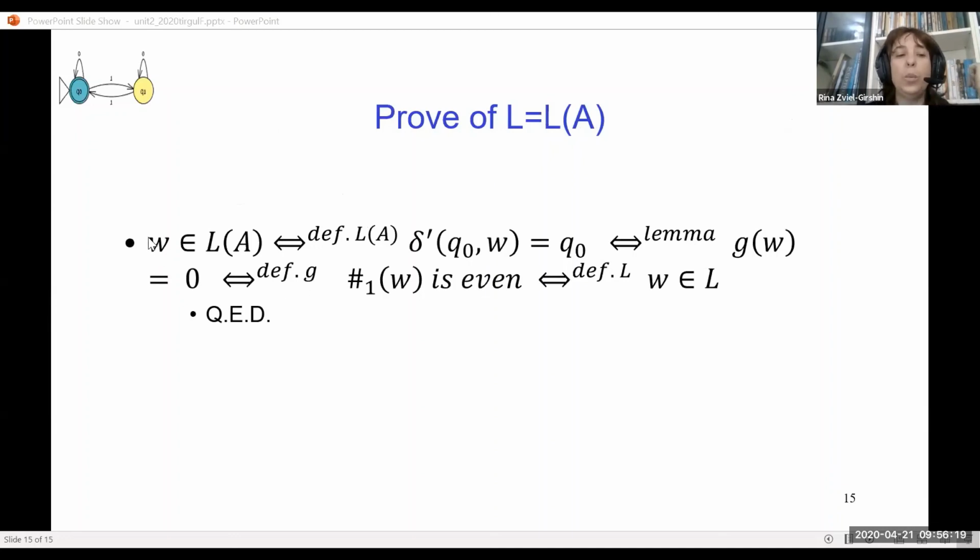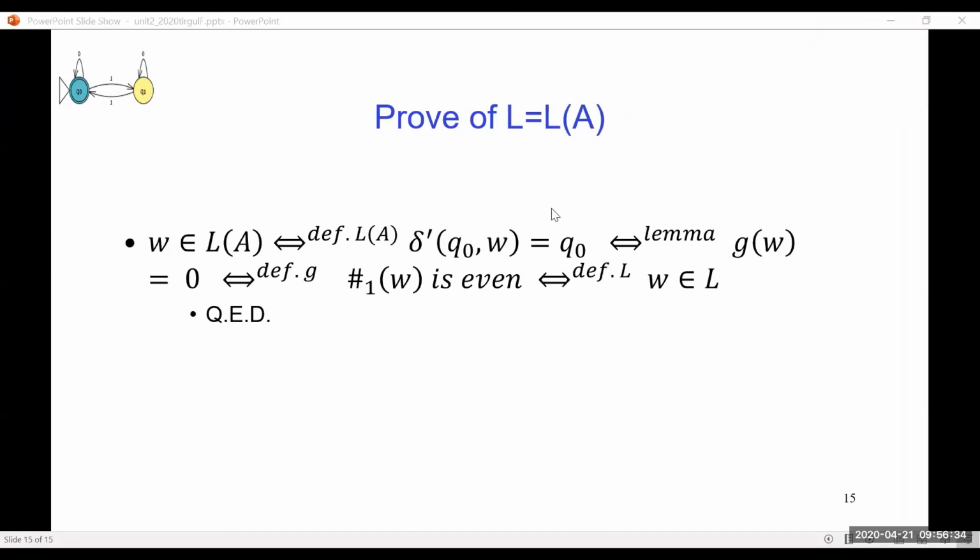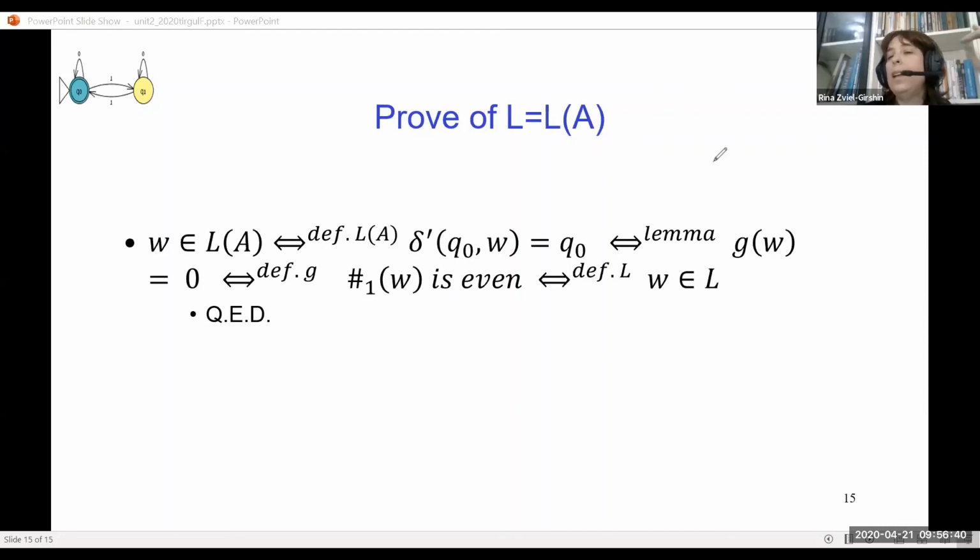I start with the word W that belongs to the language of the automaton. According to the definition of my automaton, the extended transition function delta cap moves on the word W. A question: what are you doing to prove? I don't understand what the language is. What I did before, I proved that the lemma and the automaton are actually the same.